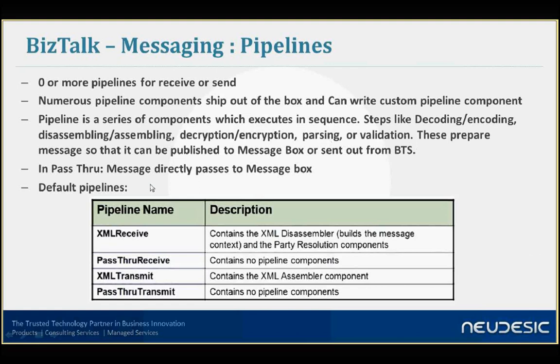There are default pipelines available in BizTalk: XML receive, pass-through receive, XML transmit, pass-through transmit. In pass-through, messages directly pass to the message box or go out of the BizTalk system without processing. XML receive contains the XML disassembler.